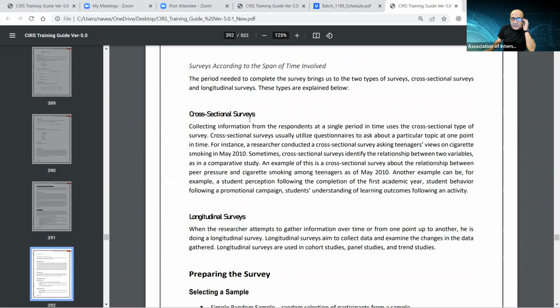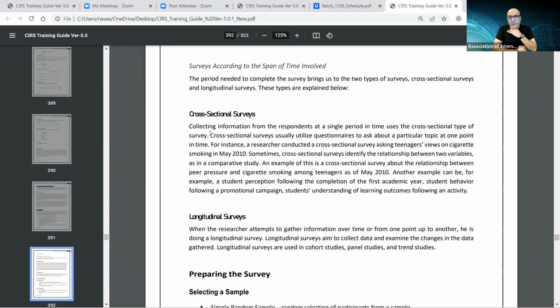There are two types of surveys we call. One of them is the cross-sectional survey. Cross-sectional is in a single period of time, which means that it is the type of survey that would get you the answers right away, or let's say even in a few days' time is about enough of a short period to call it a cross-sectional survey.